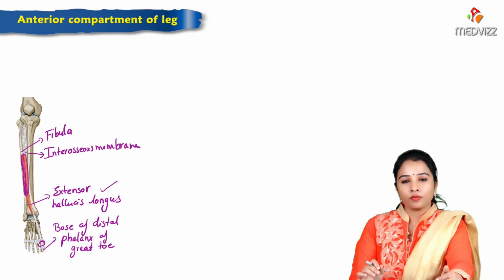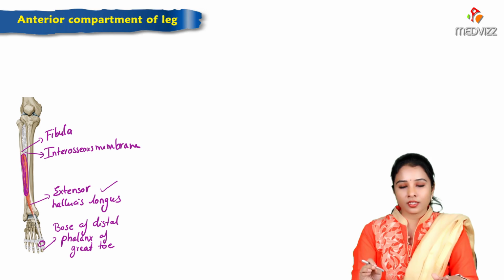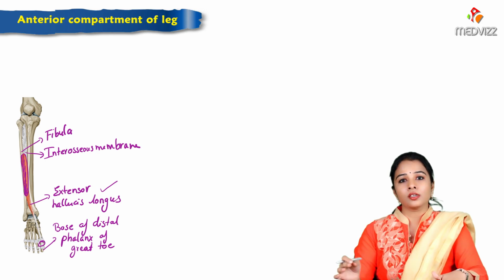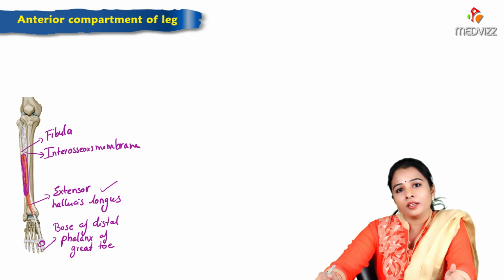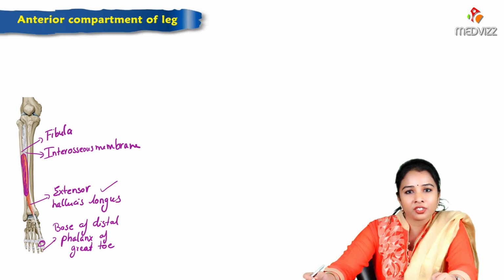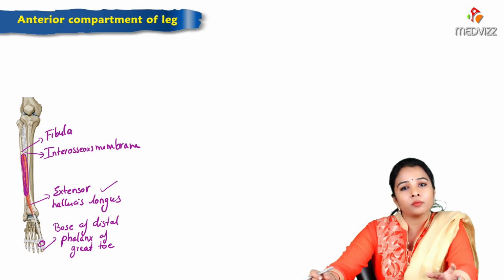So these four muscles are considered the anterior compartment muscles, and don't forget about anterior compartment syndrome or shin splint syndrome or Fresher's syndrome, which we studied after completing tibialis anterior. So this completes all the muscles in the anterior compartment. Thank you.